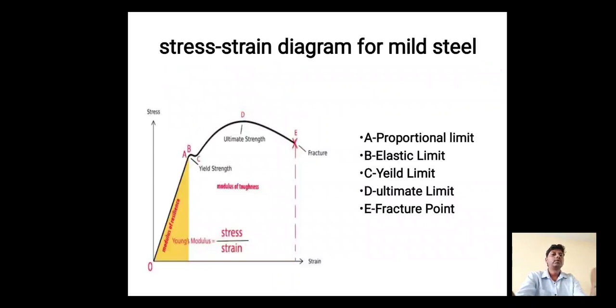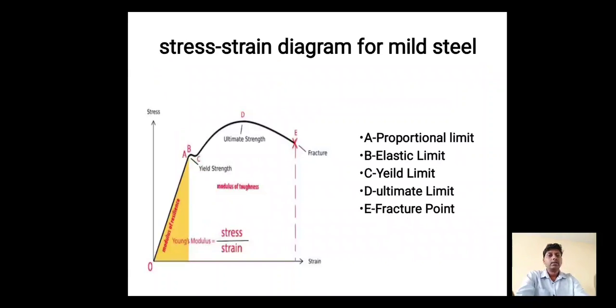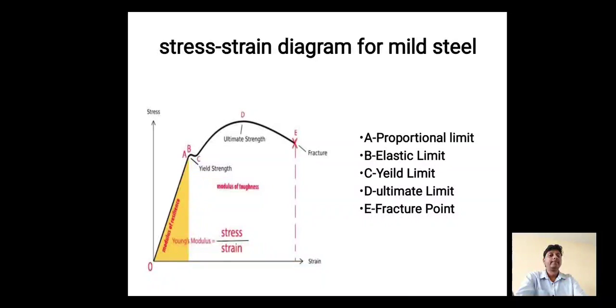So we have just discussed the stress strain diagram for mild steel. Now this is the ultimate stress. If I call this a working stress, any stress you take here is called the working stress.